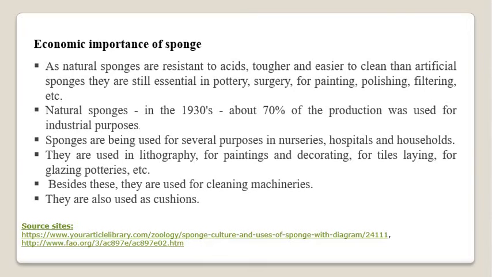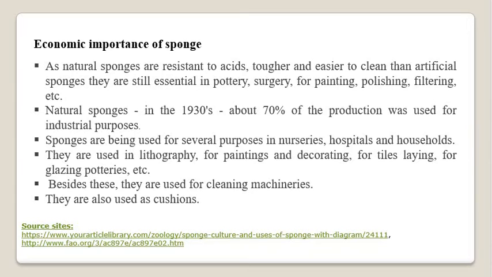So the natural sponges are used commercially. We've made this statement many times: natural sponges are used commercially, but for what purpose? Because of certain properties, they are tougher and resistant to acid. Because of this property, they are used in potteries for cleaning purposes, right?